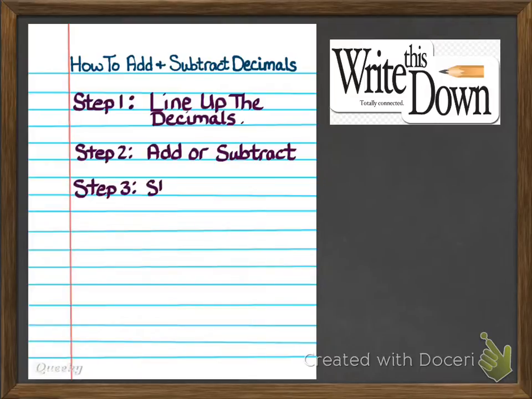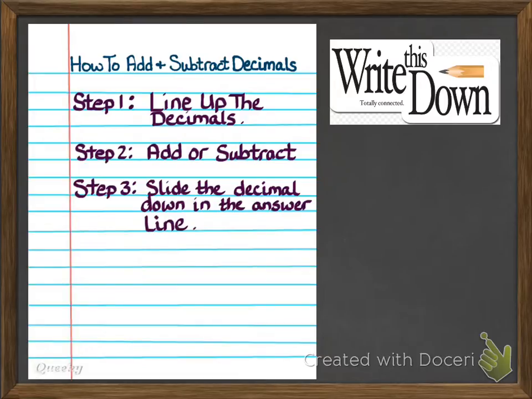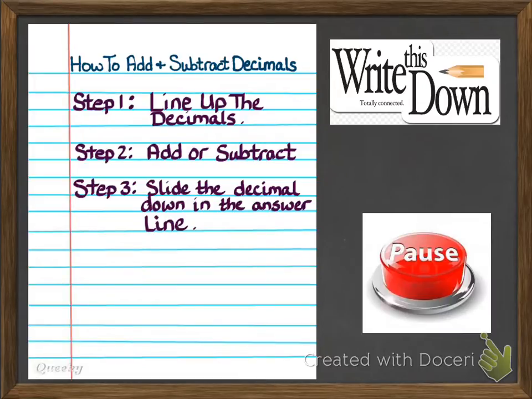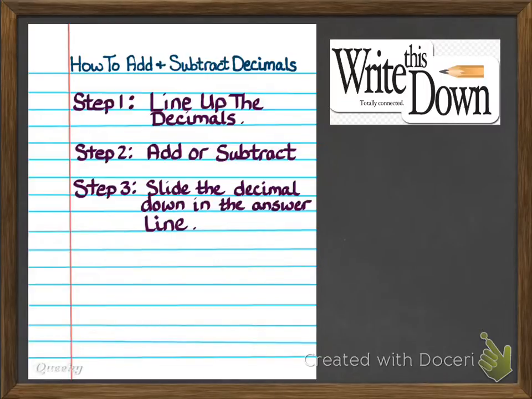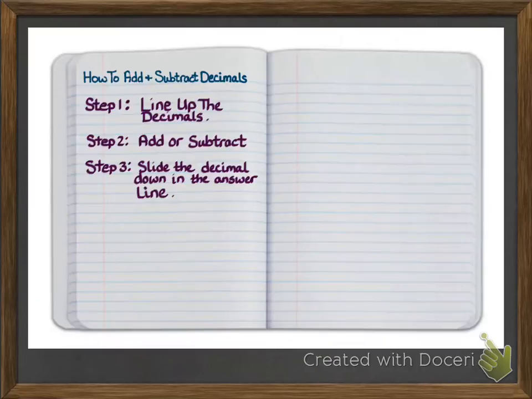Step 3, we're going to slide the decimal point down in the answer line. Okay, so far this is what your notes should look like. So now we're going to be working on the right side of our page, which is this side right over here. And we're going to go ahead and start working through some examples.